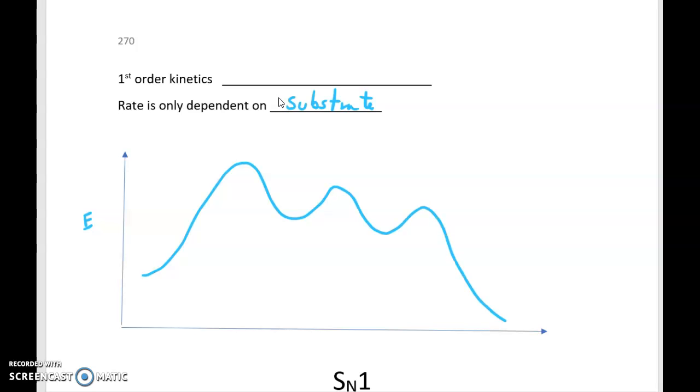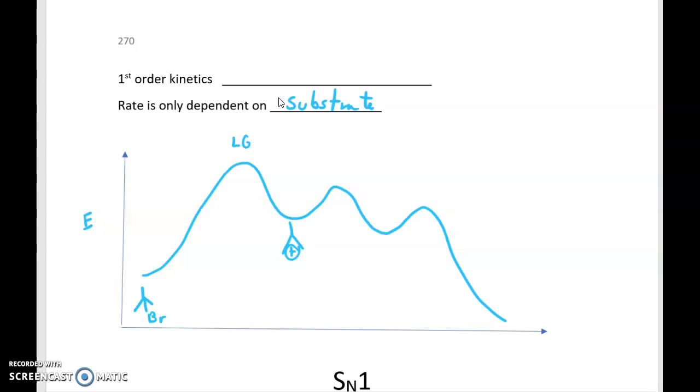At the top of each one of these is the transition state, and the intermediates are on the low spots. So we start with our tertiary here. We have the loss of a leaving group here, and we end up with our carbocation, a reaction intermediate in the valley.